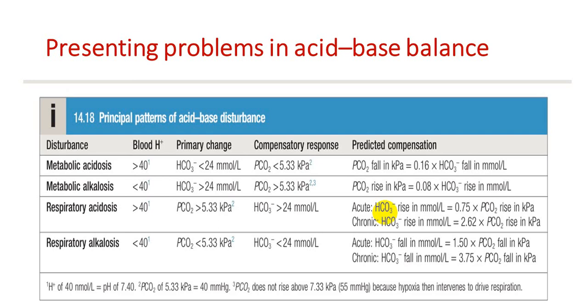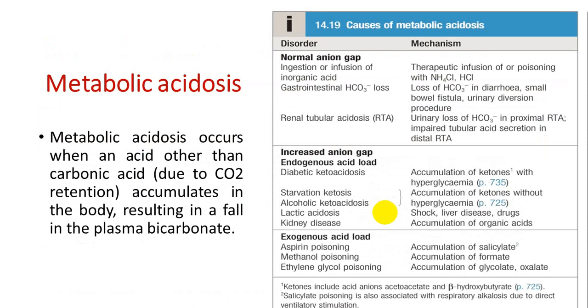We have compensatory responses and the predicted compensation. With any insult to the metabolism, the body will compensate. Metabolic acidosis can occur when an acid other than carbonic acid, due to CO2 retention, accumulates in the body, resulting in a fall in the plasma bicarbonate.